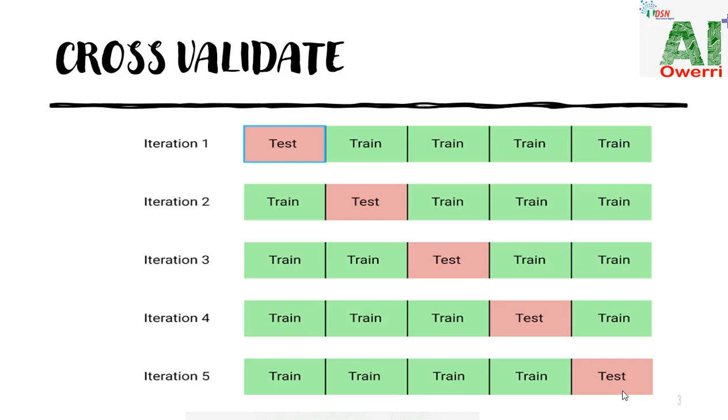Now I'll just mention two things that could cause that. The first thing is that you might be unintentionally leaking your test data into your training data. What do I mean by that? Sometimes you may want to scale your data even after you've split it into train and test, and you end up scaling the whole data, both train and test combined.